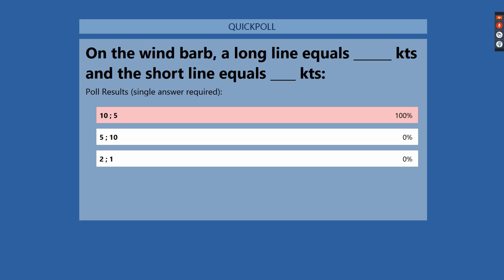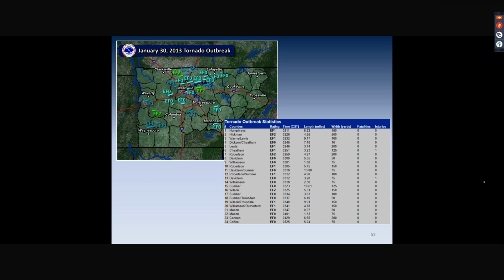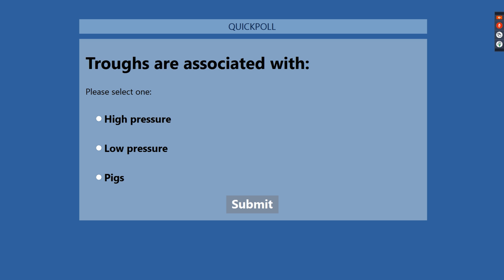All right, that's just about everybody, and we'll share the results, and very good, fantastic. Long line on a wind barb equals 10 knots, and the short line equals 5 knots. Actually got a couple more here.